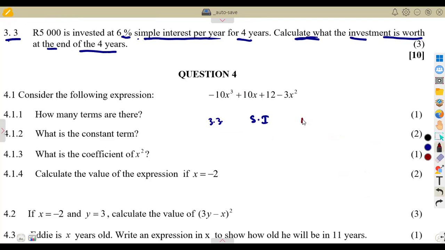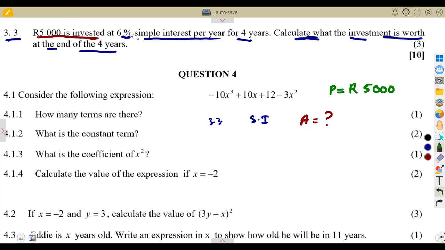What is the accumulated amount at the end of 4 years? The money that is invested is your principal. So you have P, money invested, which is 5,000 rand.